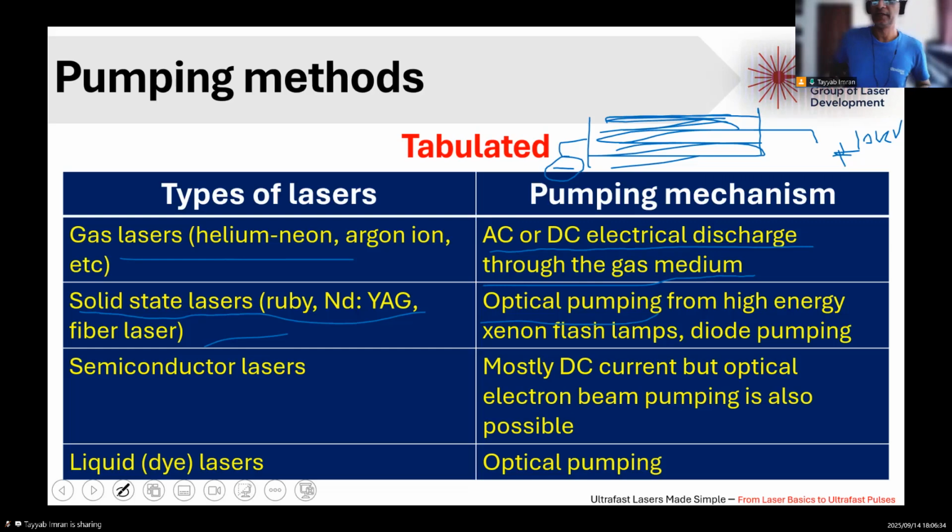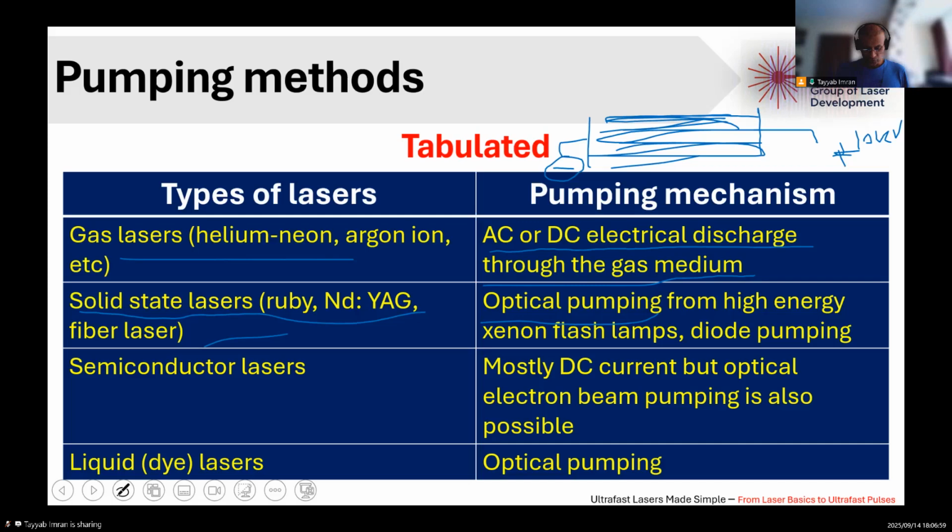This is essential. You cannot pump a solid state laser with electric AC or DC discharge. And similarly, a gas laser cannot be pumped with an optical pumping source.